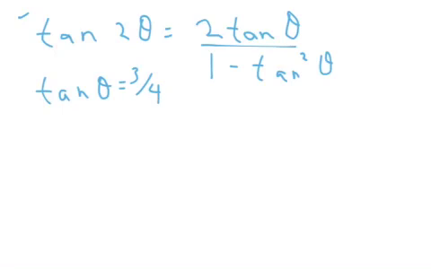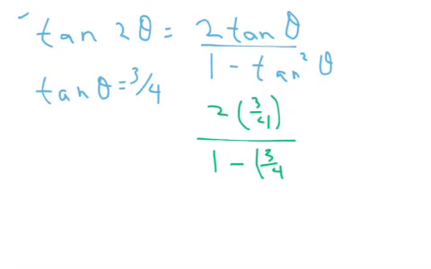So you just plug everything in. You're going to have 2 times 3/4 over 1 minus 3/4 squared. Again, you can erase this square, and this is what it really means.